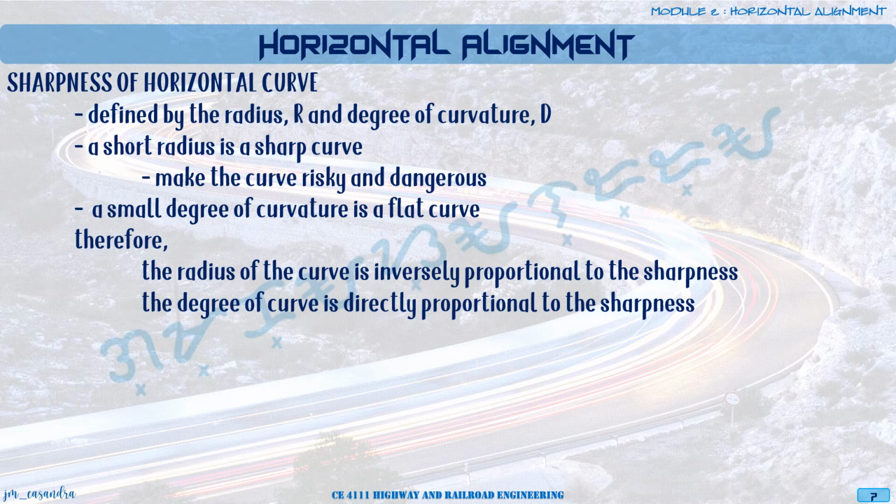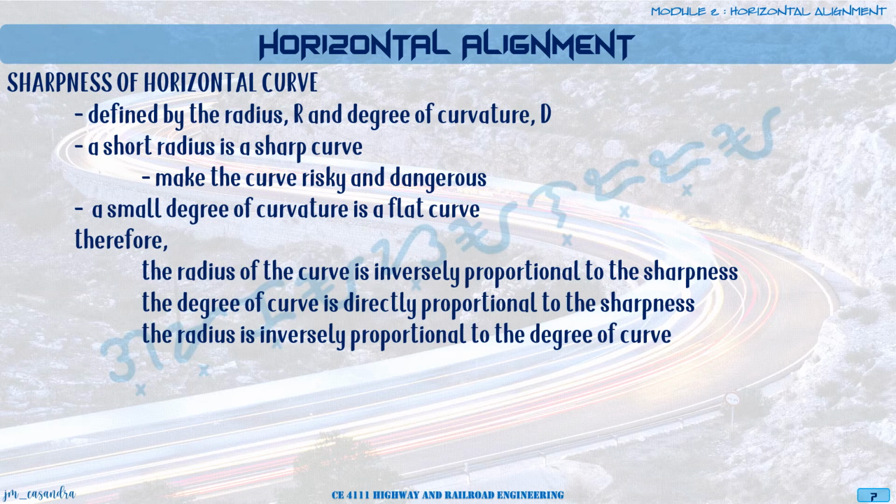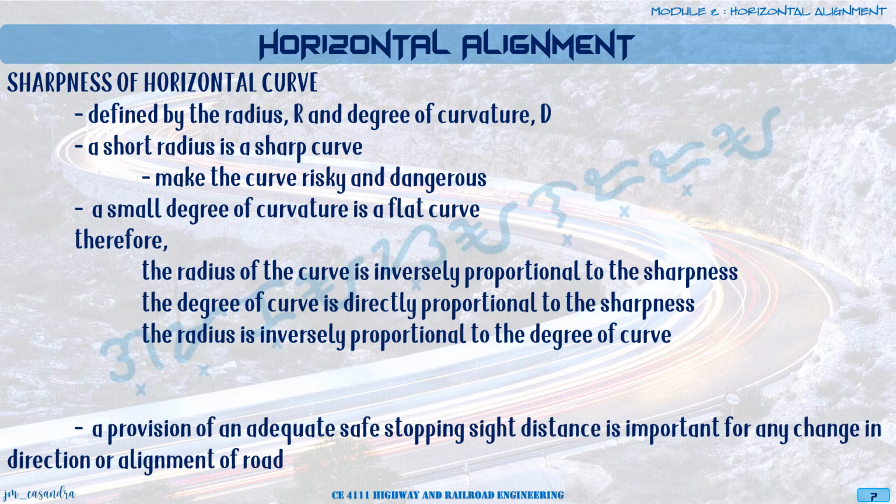Because of the sharpness of our horizontal curve, we would now need a provision of an adequate safe stopping sight distance, or any change or transition in the alignment or in the direction of the road.